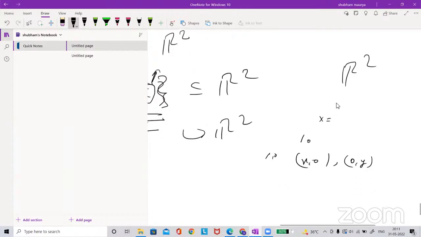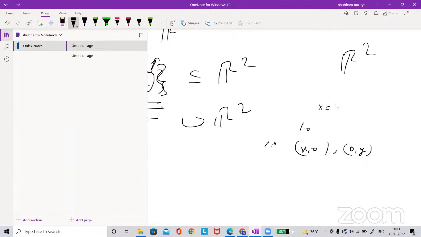So is the intersection of both part of R2, because the intersection of both will only be the origin, right? No. See, these two are vectors, so how will you take the intersection of these two vectors? Intersection is possible for sets, so you have to make a set. Then you will take the intersection.